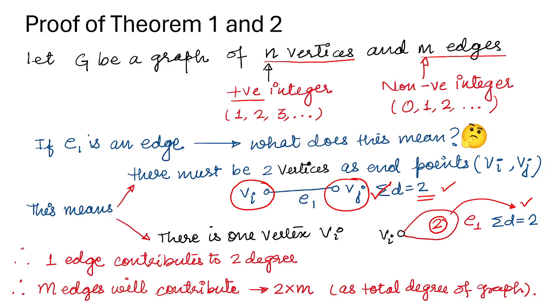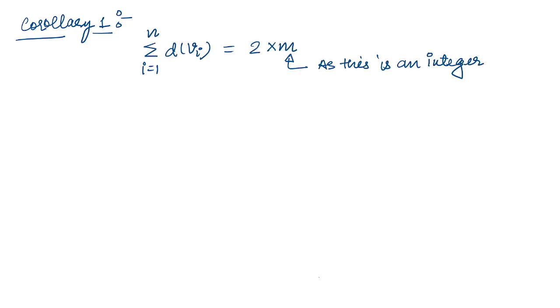That is, sigma d for all the vertices in a graph, ranging from 1 to n, is twice the number of edges. Now let us prove the corollary of it, or theorem 2, what we have stated initially. So start with corollary 1. It says that the sum of the degree of vertices in any graph is twice the number of edges.